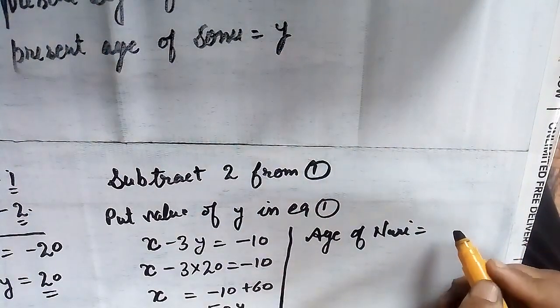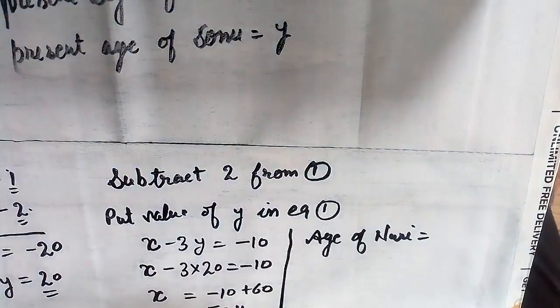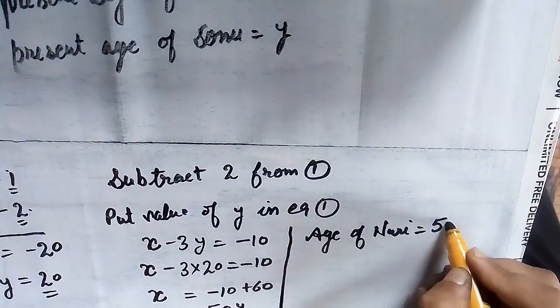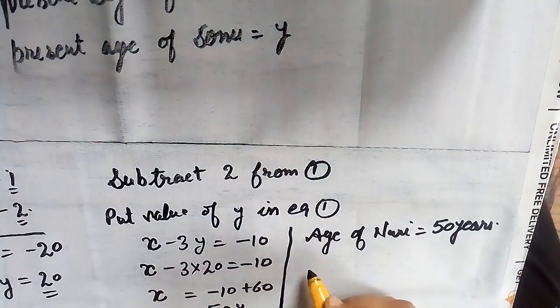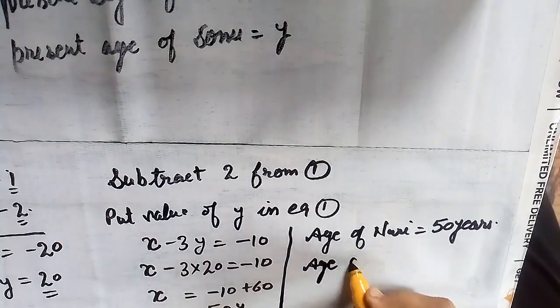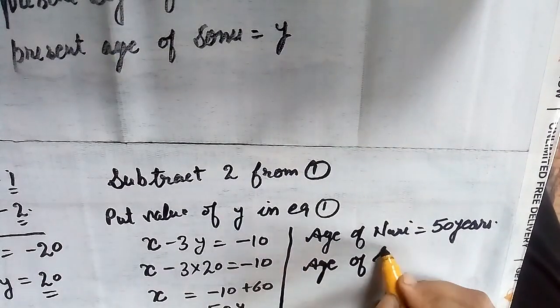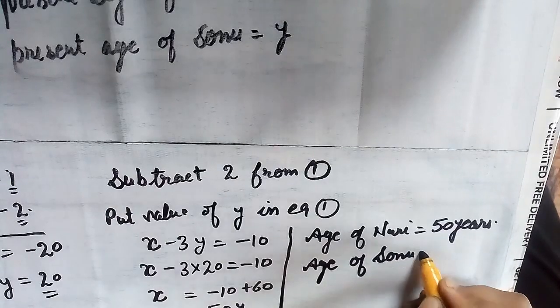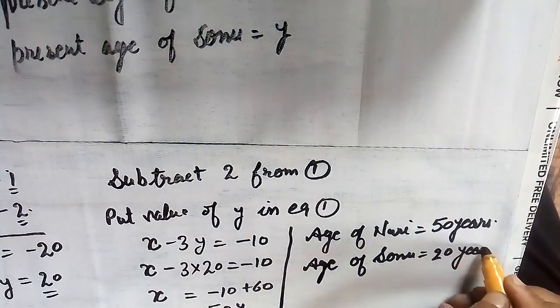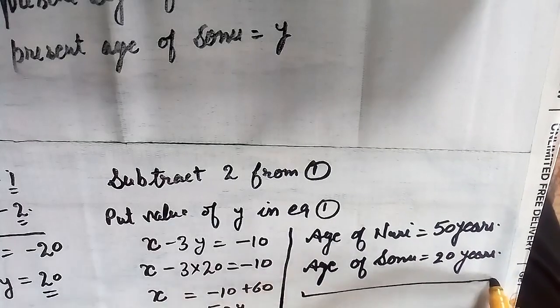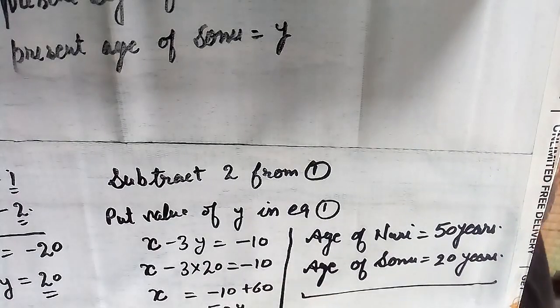Age of Nuri is equal to x, which you got as 50 years, and these are the present ages, age of Sonu is 20 years, which you took equal to y. Hence it is your solution.